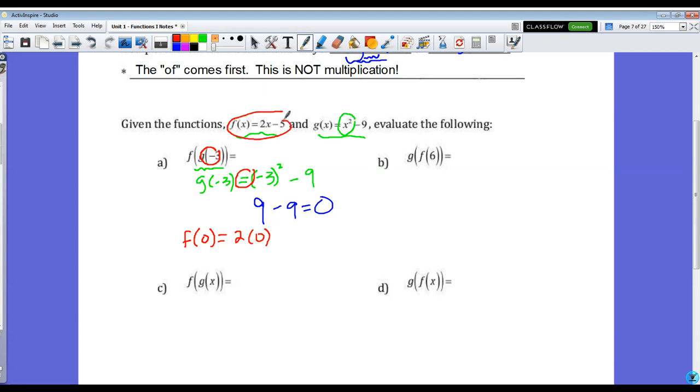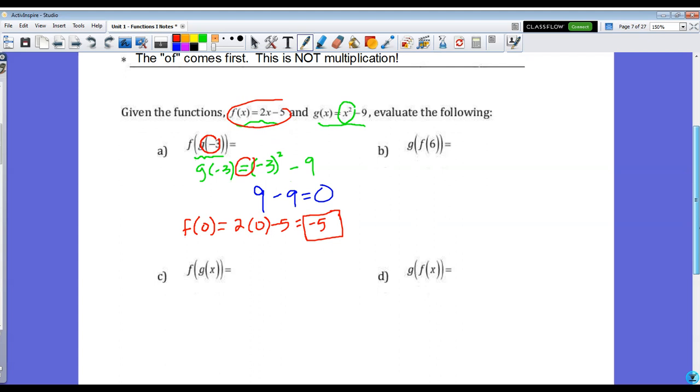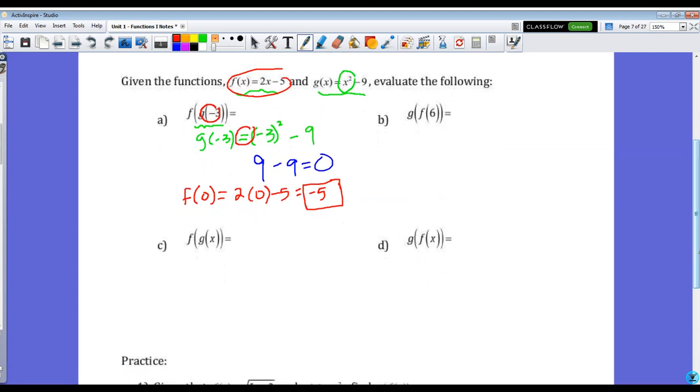Here's my f of x function. F of 0 is 2 times 0 minus 5, which is just negative 5. So f of g of negative 3 is just negative 5 once we evaluate it and substitute.